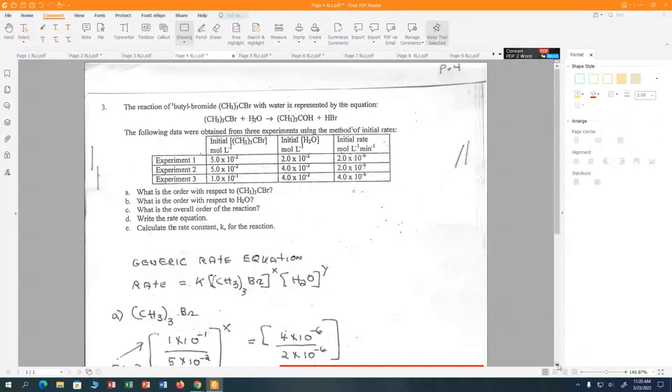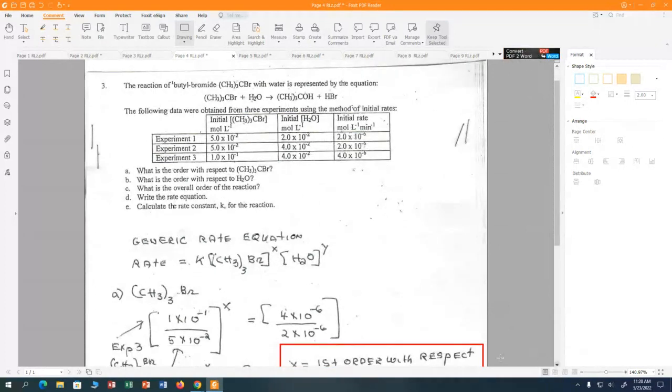And again, to solve for CH3Br, we look at a situation where H2O is the same.